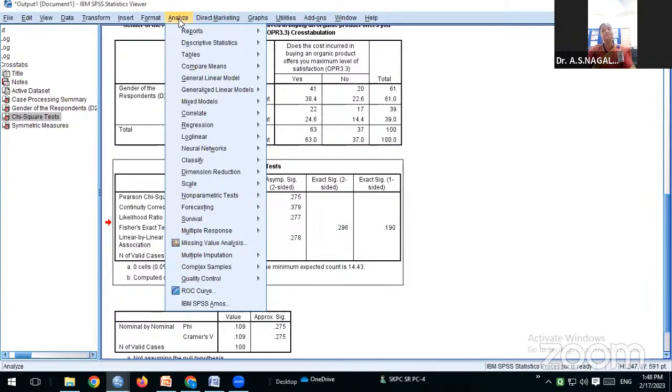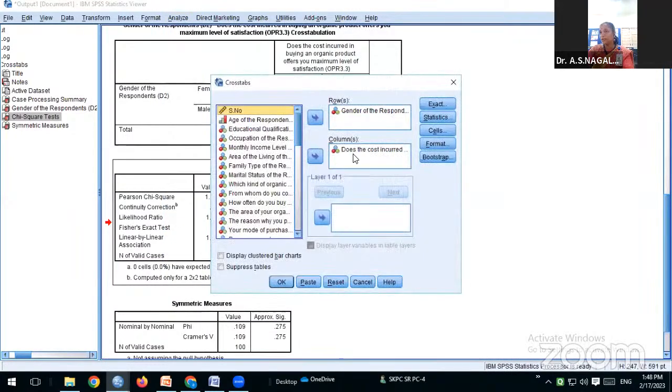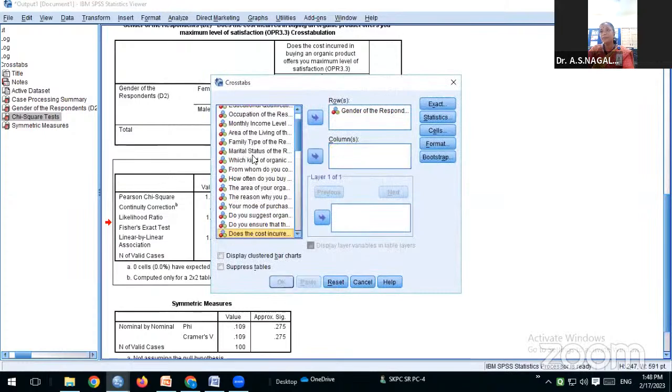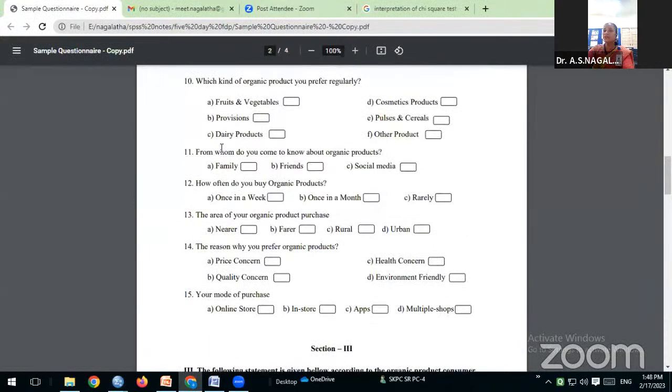For example, I'm going to do a cross-check with gender to see how they come to know about the organic product. Which gender has what sort of influence in knowing the source of organic product? So I would like to check.